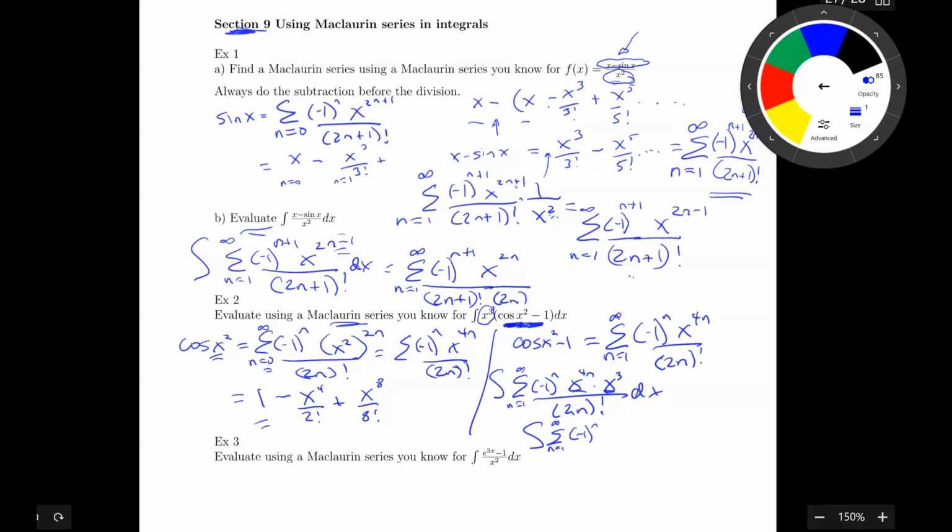So I have negative 1 to the n, x to the 4n plus 3, over 2n factorial dx. Now to take the antiderivative, I add 1 to this exponent only. So I get x to the 4n plus 4 over 4n plus 4, and also with this 2n factorial, n equals 1 to infinity.